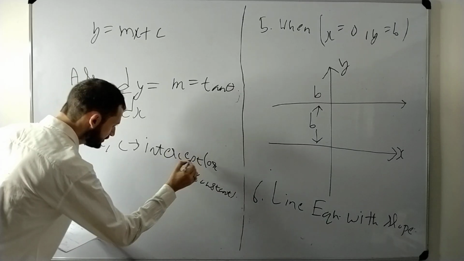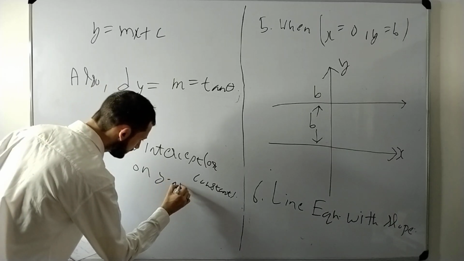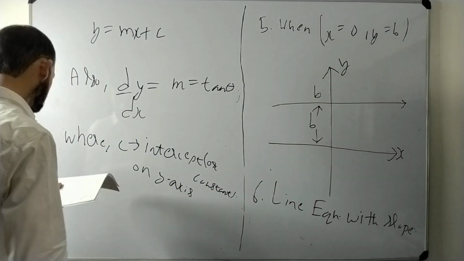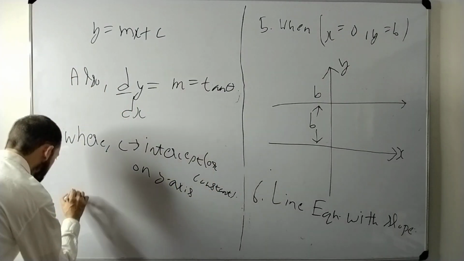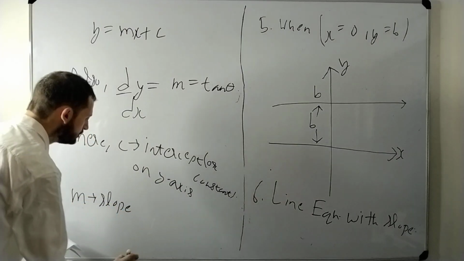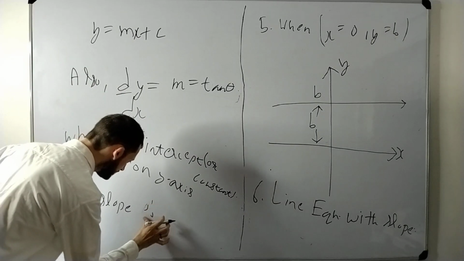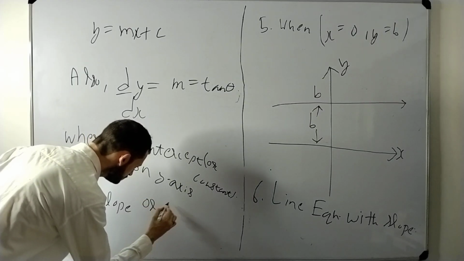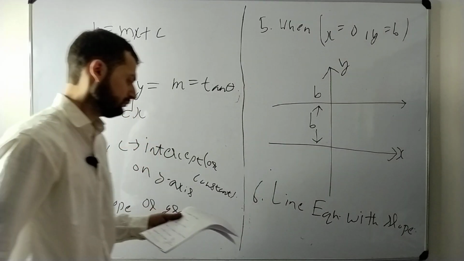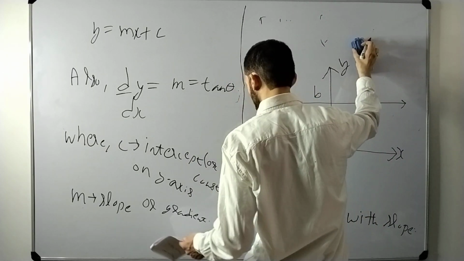I should write here intercept on y-axis, and this is our constant on y-axis. m happens to be the slope of graph, slope or gradient of graph. This is another name of slope.